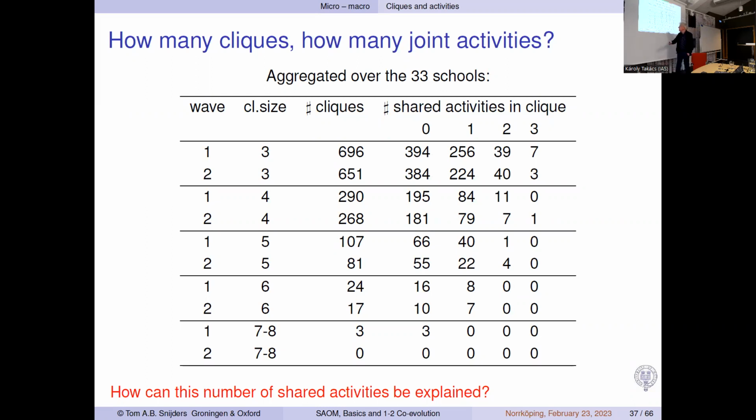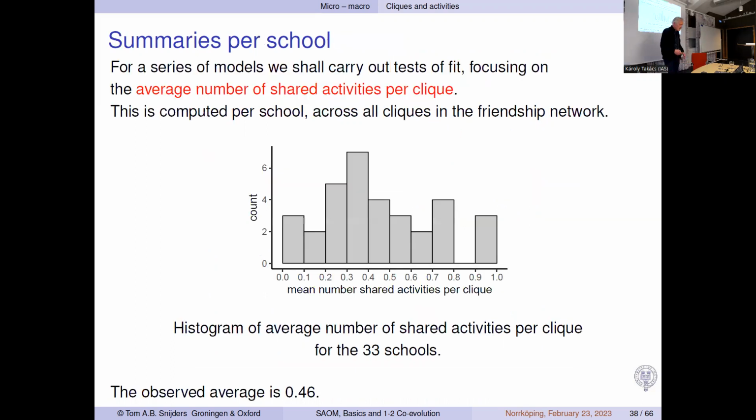Okay, and you see that at wave 2 there were 7 cliques of size 6 where all 6 of them had 1 activity in common. And then we explain this number of shared activities. That's the micro-macro question.